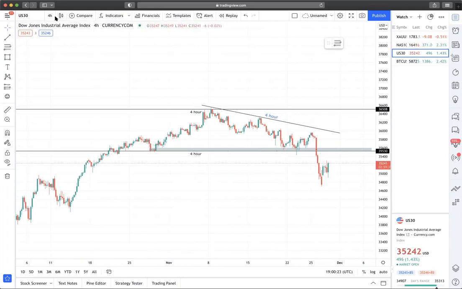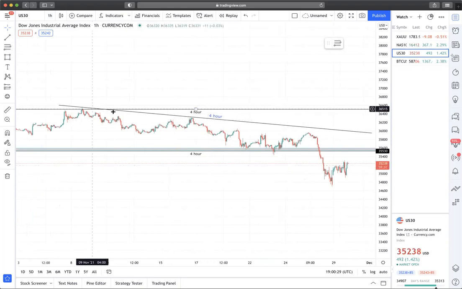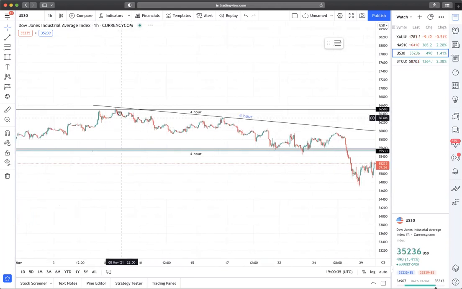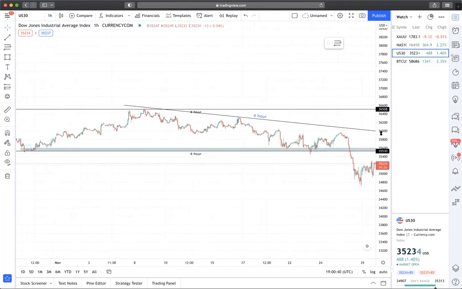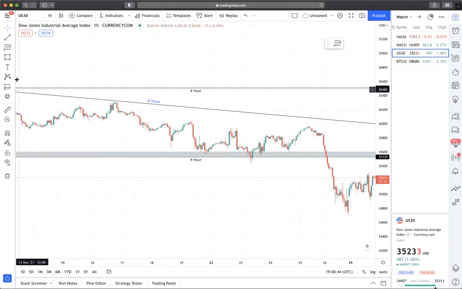After you do that, you're gonna go down to the 1 hour. And you're going to see if these lines, your support and resistance, are still valid on the 1 hour. And as you can see, it's still valid. So the trend line, the support, the resistance. Now, once you get down to the 1 hour, you can mark more levels of support, resistance, and trend line.